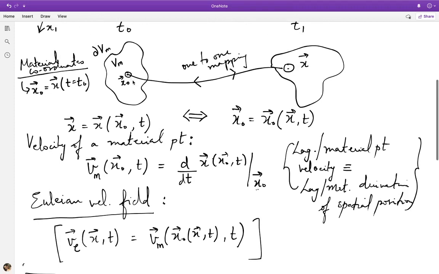So note here that what we did was to follow a single material point, and we have a well-defined definition for the material velocity. So from this itself, you can see that by no means can you think of a material point as a molecule of fluid. Why? Because a molecule of fluid is something that has a random fluctuating velocity.